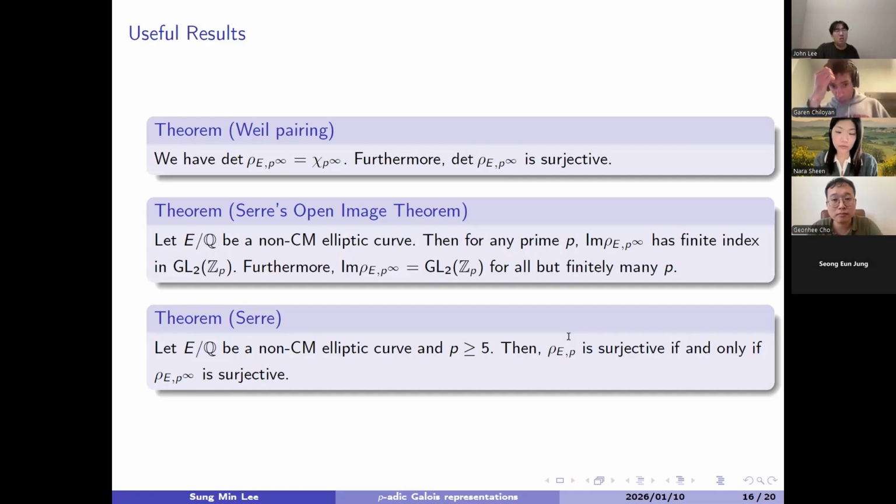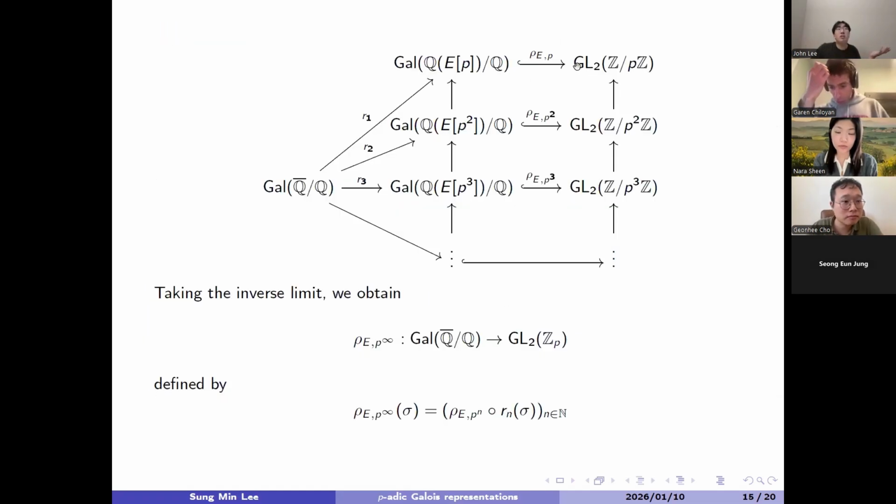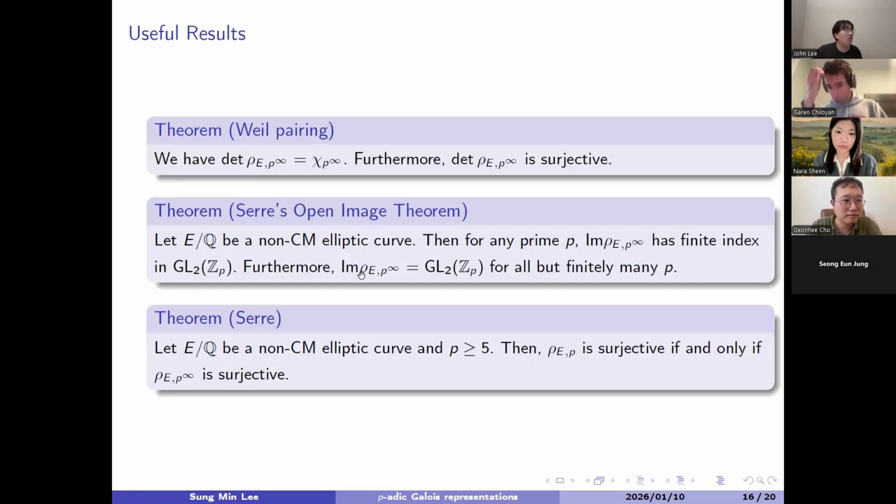So maybe for certain elliptic curves, this rho_{E,p} may be surjective, or may not be surjective. Rho_{E,p} may be surjective, but not rho_{E,p^2} surjective, or some very different things can happen. However, no matter what you choose, the determinant of rho_{E,p^∞} is just chi_{p^∞}. So yes, the p-adic character.